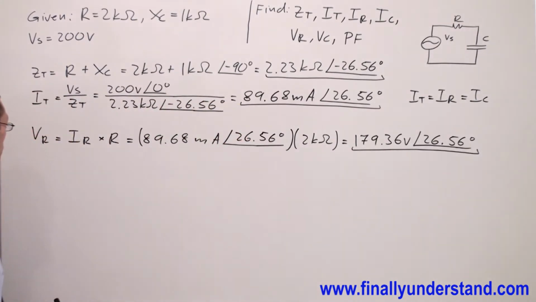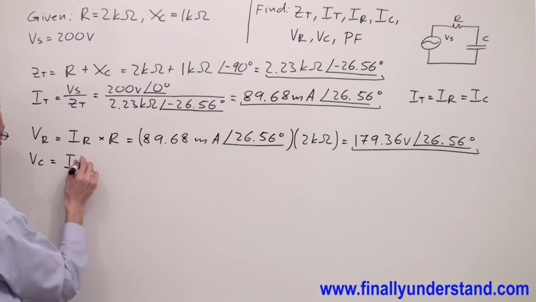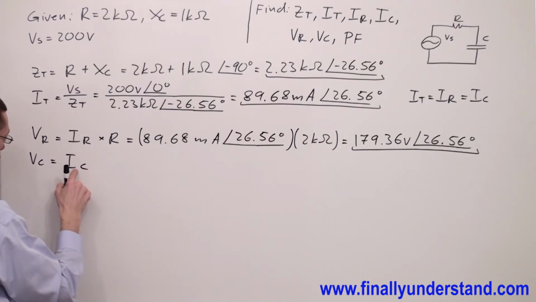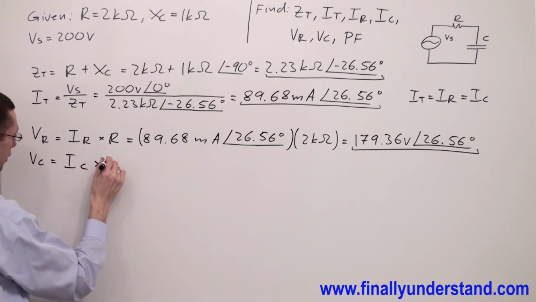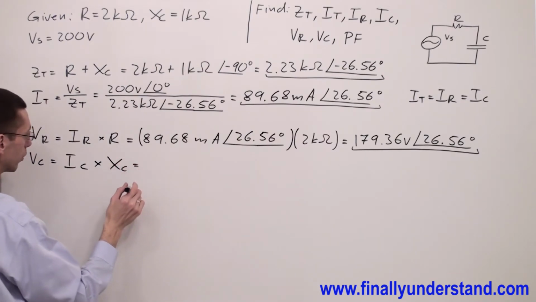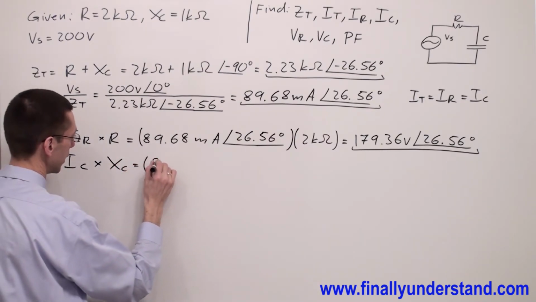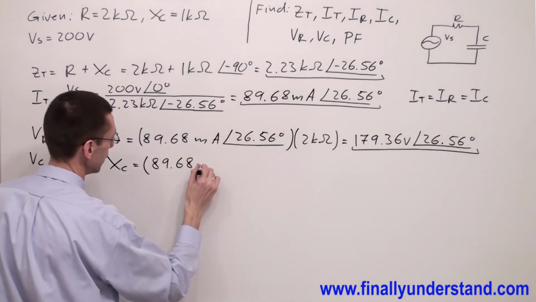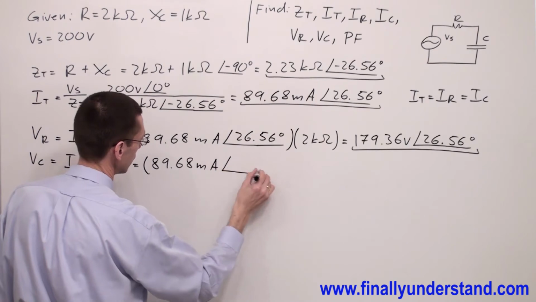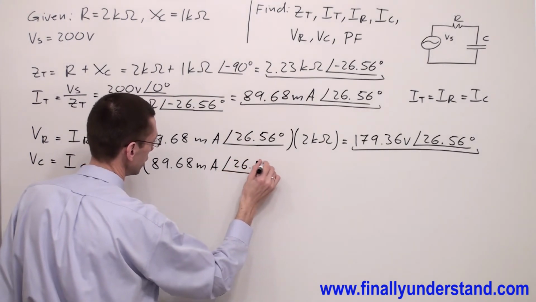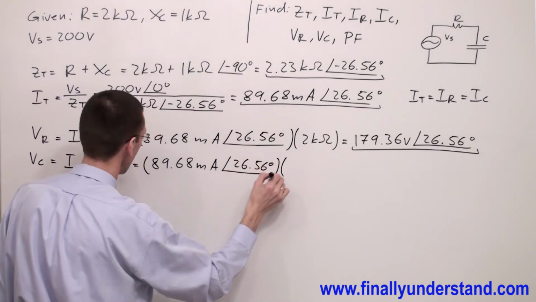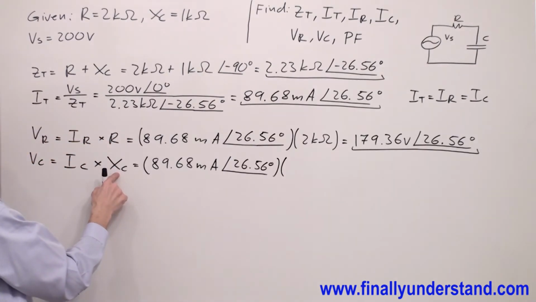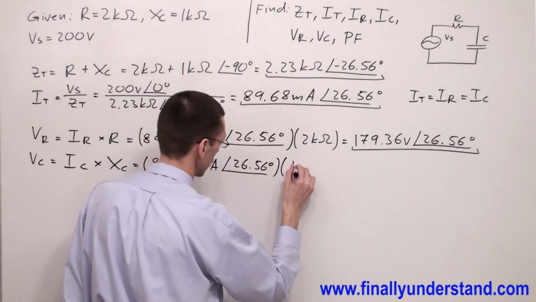Next, we're supposed to find the voltage across the capacitor. So VC is equal to IC, the current which goes through the capacitor, times X of C, which is equal to 89.68 milliamps and angle of 26.56 degrees, times the capacitive reactance, which is equal to 1 kilo ohm.